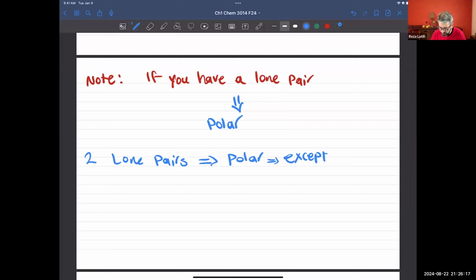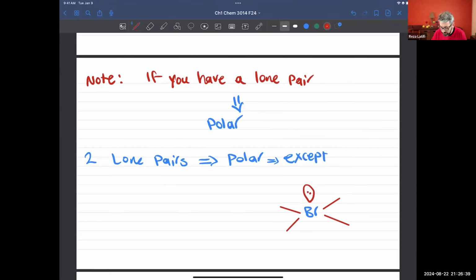And what's that geometry? Square pyramidal, sorry, square planar, my bad.